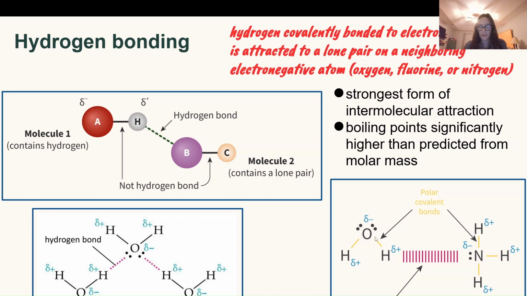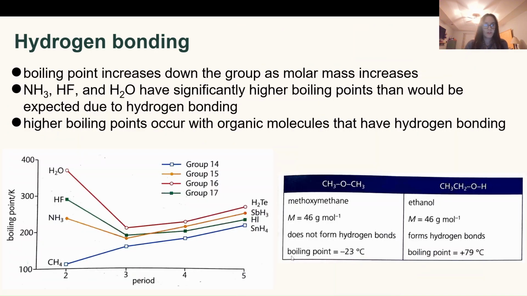And remember, the bonds within these molecules are going to be polar covalent because there is a net dipole towards the more electronegative atom. So, graphically speaking, why is boiling point for molecules containing hydrogen bonds higher than others in the same group?